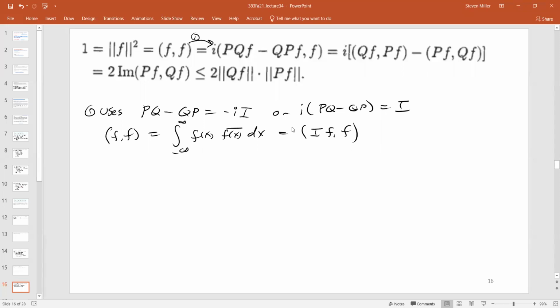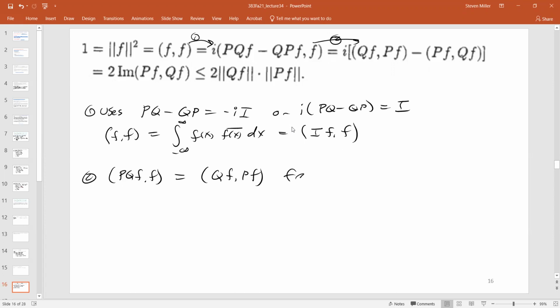The more interesting one is the second step, where we have the inner product of PQf with f equal to the inner product of Qf with Pf. We're moving one of the operators over. Imagine Qf is just some function g.